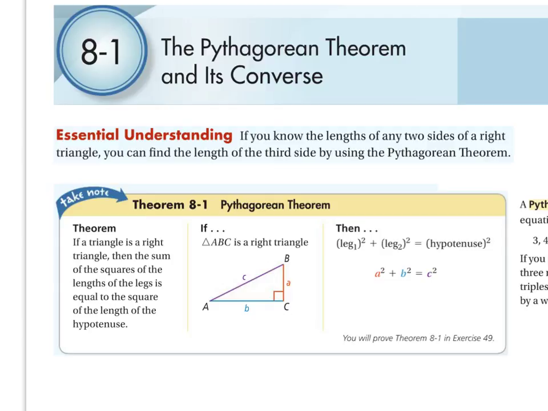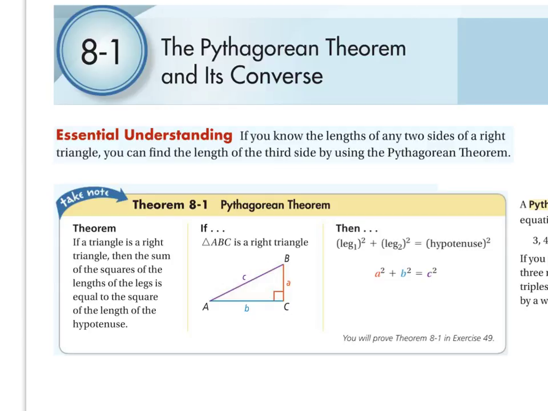Now, something else you need to know. The hypotenuse of a right triangle will always be the longest side. Always, 100% of the time. Okay? So the Pythagorean theorem is comparing side lengths. Leg squared plus leg squared equals hypotenuse squared. And the hypotenuse is always the longest side. Something else you need to know.